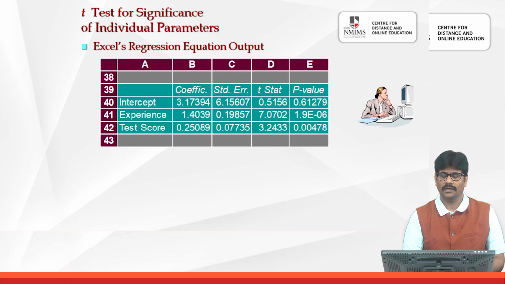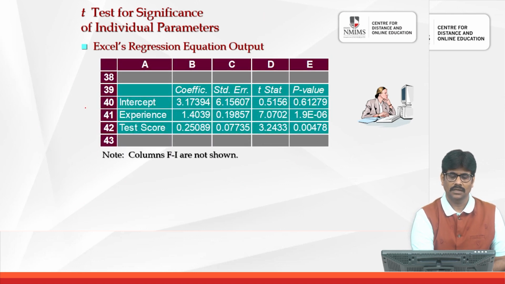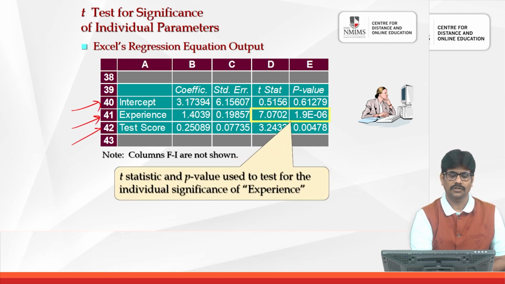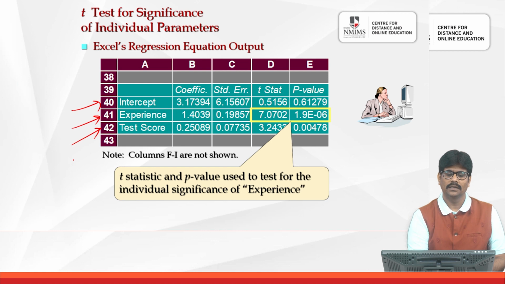So, going to the regression model. This is the intercept, this is your independent variable 1, this is your independent variable 2. Applying the hypothesis for each and every independent variable, you get a t stat and then you get a p value.